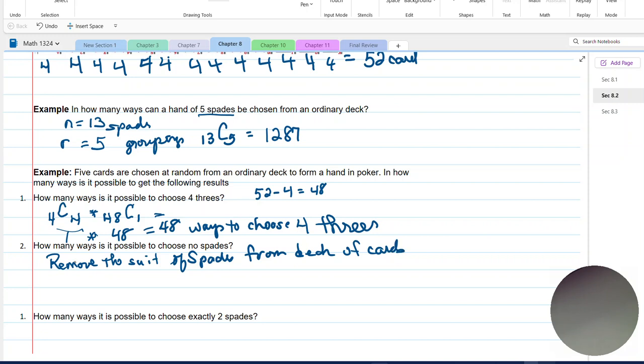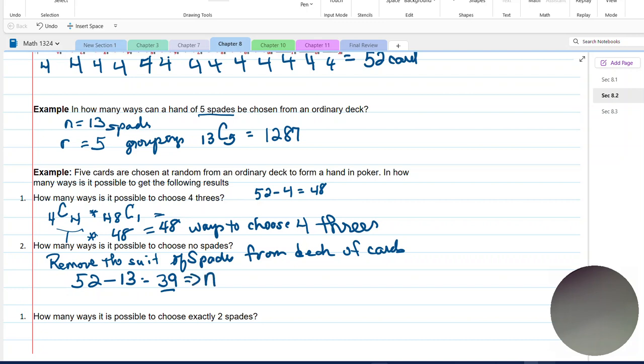So this part right here would be 52 minus the 13, and that would give us 39, wouldn't it? So this is going to be our n.